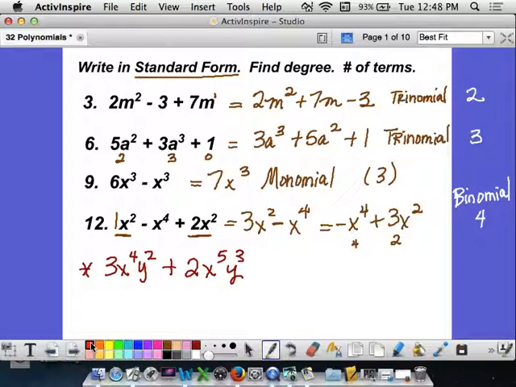If I look at this first term, how many variables do I have? I have 4 x's and 2 y's. So that means I have 6 variables in all. In this second term, I have 5 x's and 3 y's. So I have 8 variables in all. So the degree here would be the largest of the two, which is 8. So the degree is 8. I just want you to see that sometimes you will have more than one variable in a problem. So this kind of starts our lesson on polynomials.